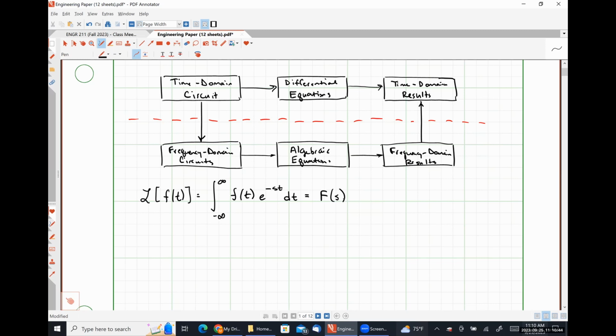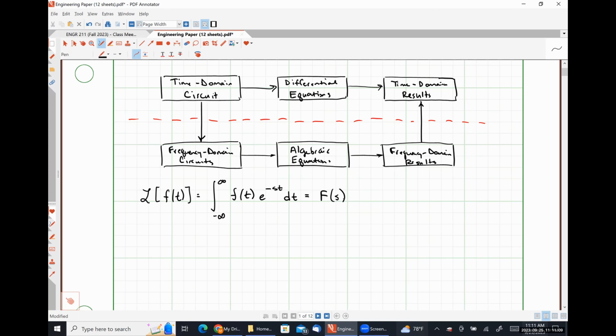Now, this is the definition of the Laplace transform that you guys probably learned in Math 245 for those of you that have had it, and will be learning in Math 245 for those of you that are currently in it. I'm not sure what the pacing of that class is, so you could already be there. We are not really concerned with the Laplace transform as a mathematical entity.